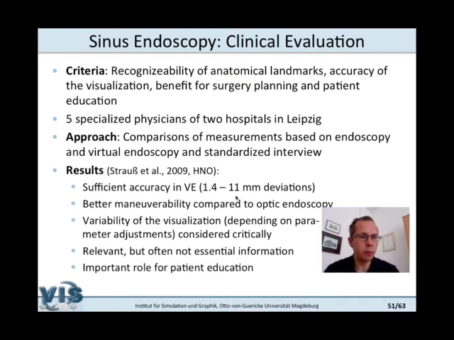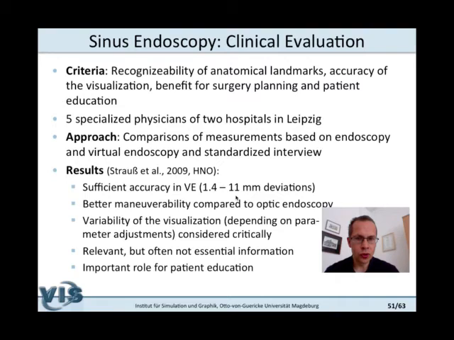The deviations could be very large in a few cases, up to 11 millimeters. Typically, it was more in the region of 1 to 2 millimeters. Compared to optic endoscopy or real endoscopy, virtual endoscopy was beneficial because the maneuverability was improved. Certain things could be easily shown that you could not see with optical endoscopy.